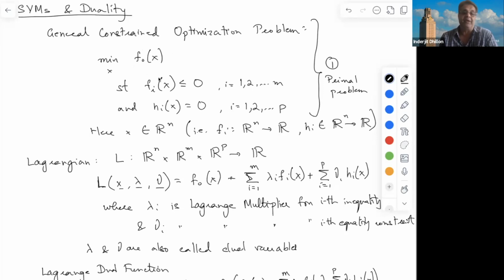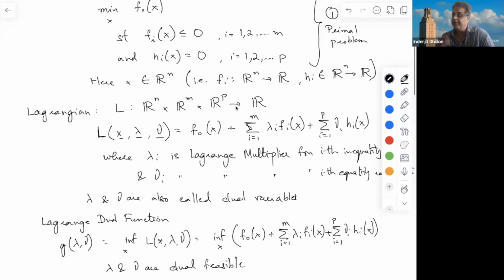So x is primal feasible if these m inequalities and p equalities are obeyed.